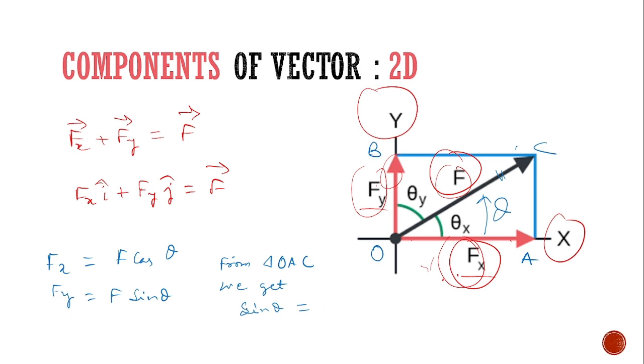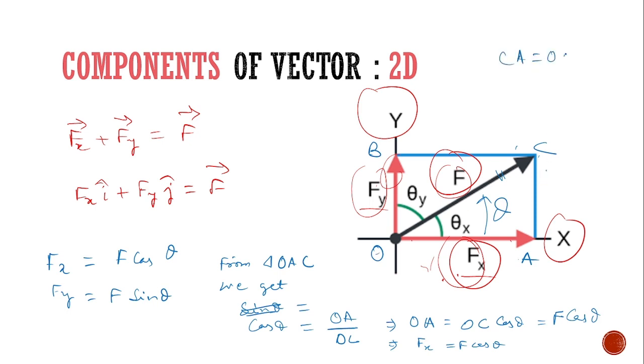let's say we get that cos theta is equal to OA by OC, which implies that OA is equal to OC cos theta. And what is the value of OC? OC is f. And what is the value of OA? OA is fx. So fx is equal to f cos theta. In a similar way, sin theta is equal to CA by OC, and CA is equal to OB.